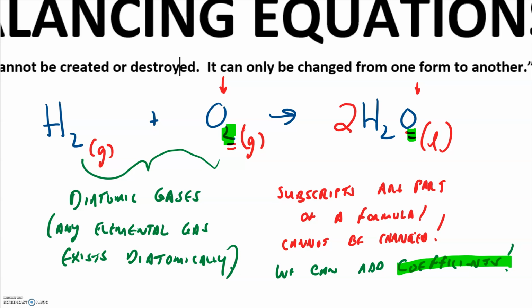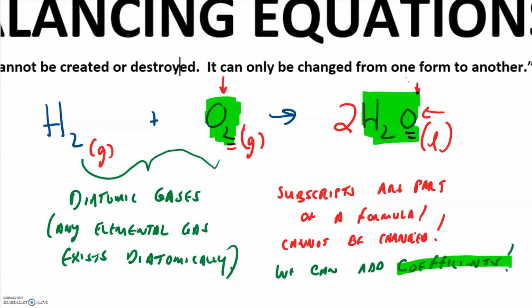And this multiplier multiplies the whole molecule. So there are now two atoms of oxygen on this side here, and because there are two oxygen atoms on this side, the oxygens balance.